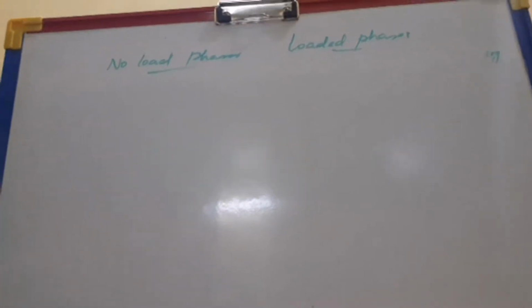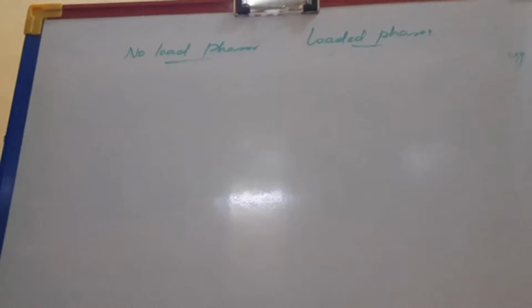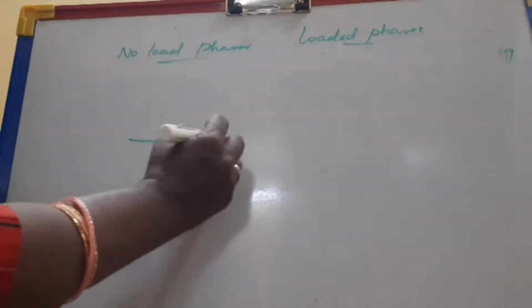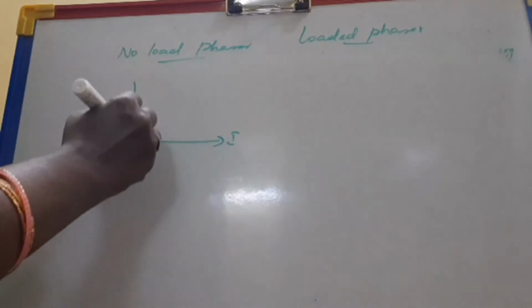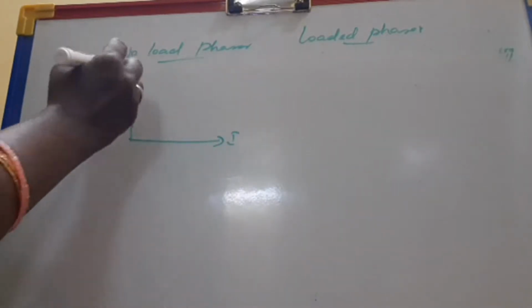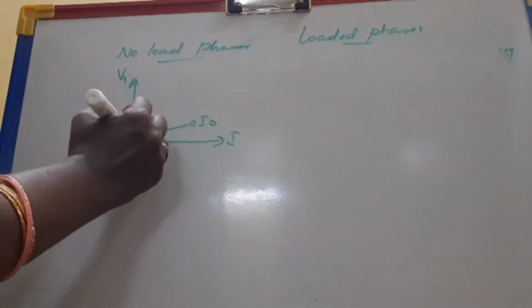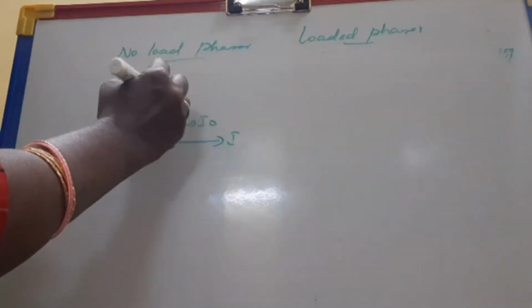For the no load phasor diagram, we consider it with respect to the no load current I naught. I is the reference, V1 is the leading voltage, and I naught is the current. We have to take I2 dash.